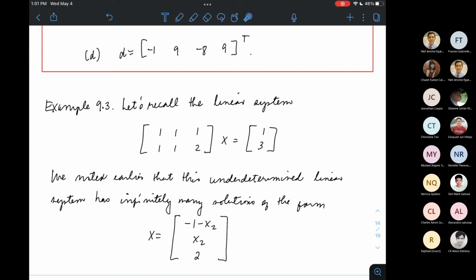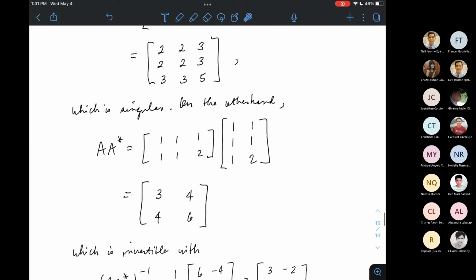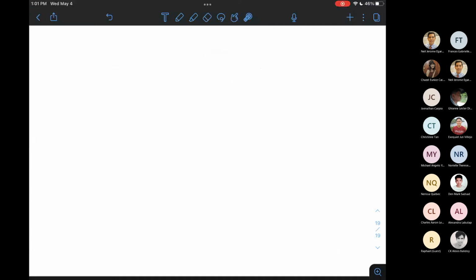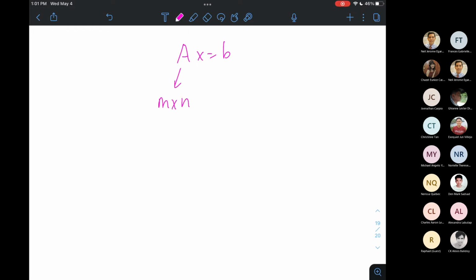Pahabol na lang. May shortcut to kay MATLAB kasi. So kay MATLAB, kapag ka meron kang system AX equals B, A ay rectangular, siya ay M by N. Tapos, si B ay M by 1. Pwede mong ipakompute yung least square solution right away kay MATLAB using a single line of code.